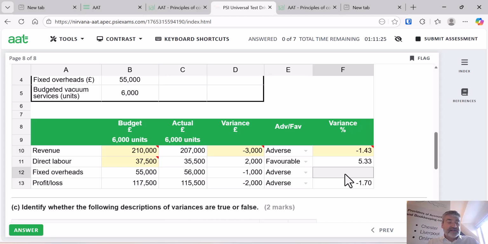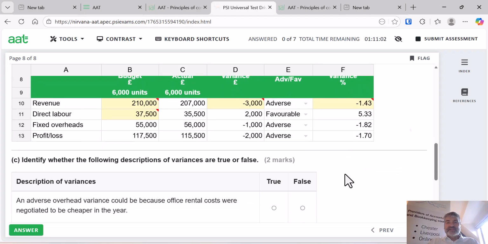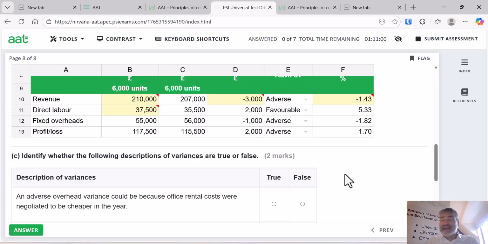I'm going to divide it by the £55,000 budgeted cost, and I'm going to multiply by 100, and I get minus 1.82 if I round it to 2 decimal places. So we've completed our variance analysis using some spreadsheet techniques.